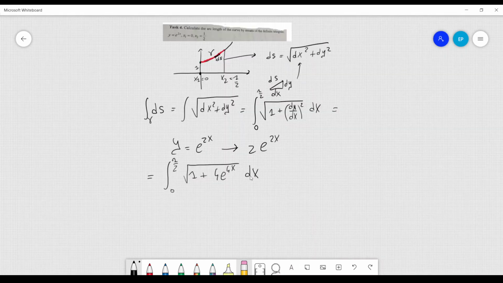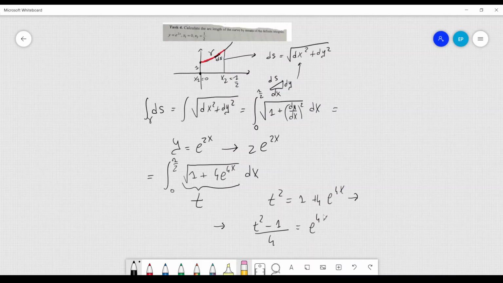At this point, we can set the square root of 1 plus 4 e to the 4x equal to t. We can make a substitution. So we get that t squared is equal to 1 plus 4 e to the 4x, and from here we get t squared minus 1 over 4 equal to e to the 4x.